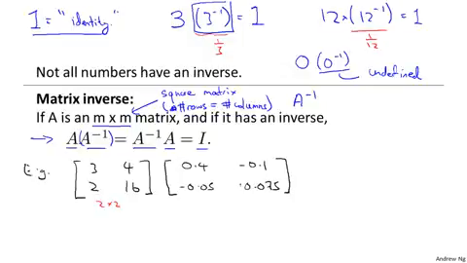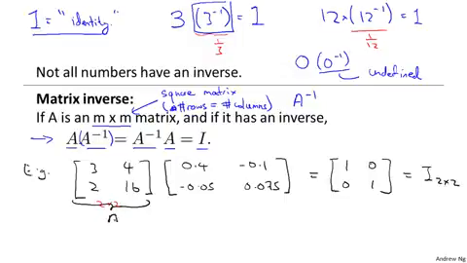If I multiply these together, what I get is the 2 by 2 identity matrix, I, which I can write as I 2 by 2. On this slide, the first matrix is the matrix A, and the second is the matrix A inverse. Here I've computed A times A inverse. If you compute A inverse times A, you also get back the identity matrix.